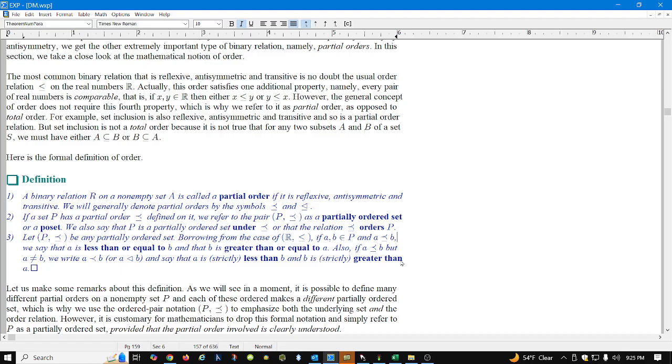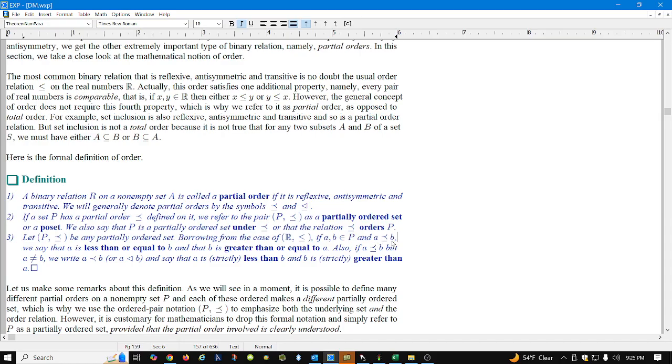They could be sets, they could be functions, they could be anything, frankly. But less than or equal to is the generic term that we would use here, A less than or equal to B.